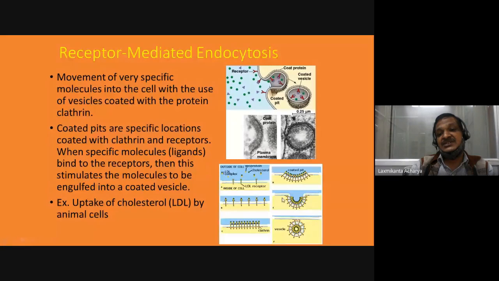So that pit is called a coated pit, and over this plasma membrane these receptor proteins are there. These receptor proteins can recognize your ligands. Now this is pinched off from the plasma membrane and forms a vesicle.